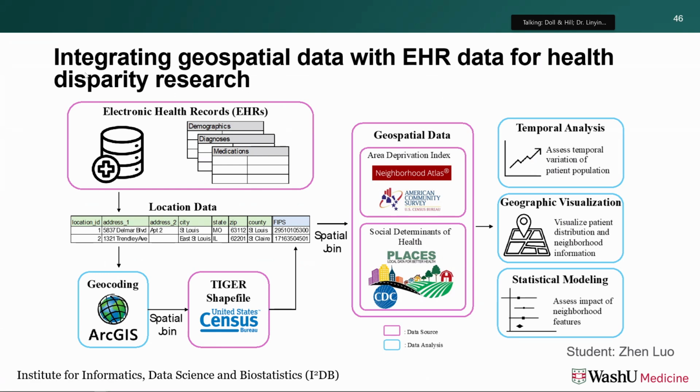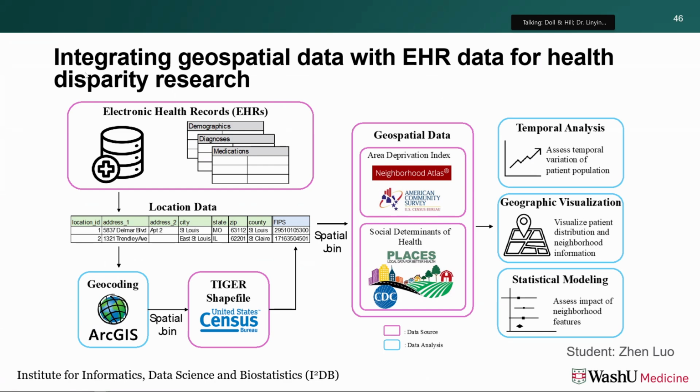I'm also working on integrating other data sources with EHR. Even though the EHR has very good capture of a patient's information recorded in a clinical encounter, there are still variables that are not recorded, like social determinants of health.